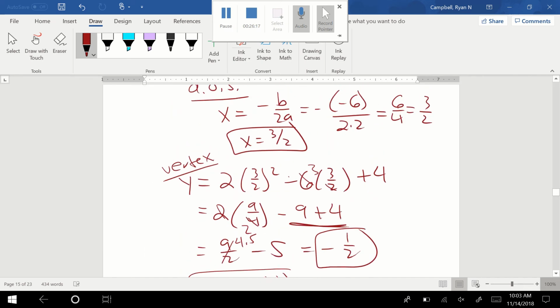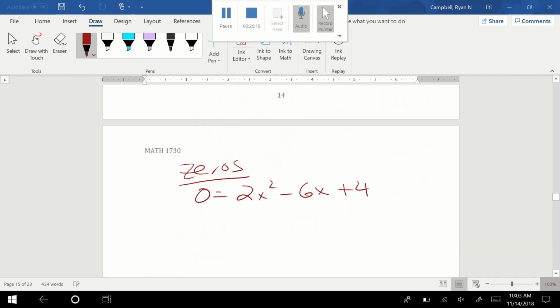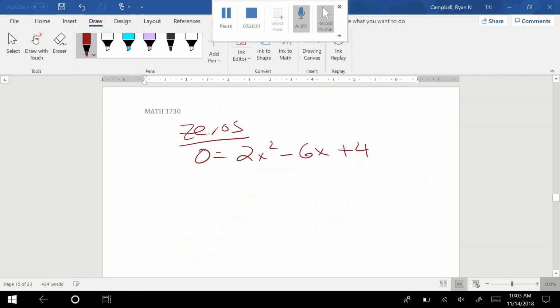Since everything is divisible by 2, let's just divide everything by 2 to make it easier on us. So 0 equals x squared minus 3x plus 2. So question is, can we factor? What two numbers multiply to get 2 and add to get negative 3? Oh, it actually works out. Negative 2, negative 1.